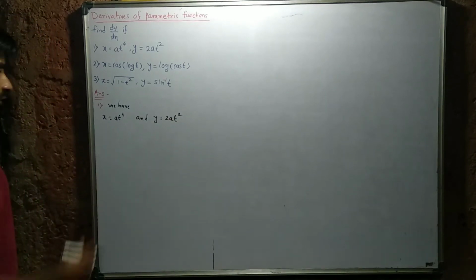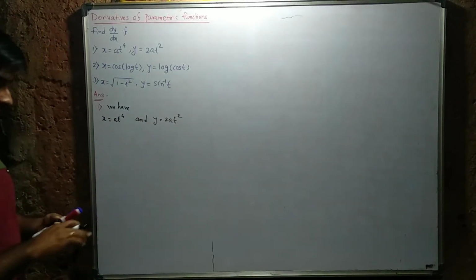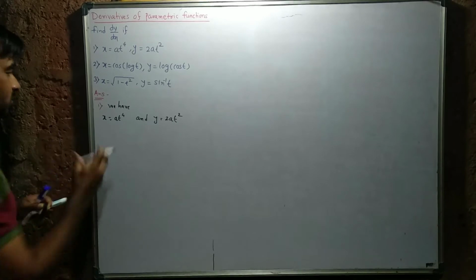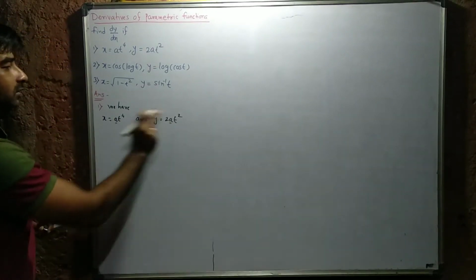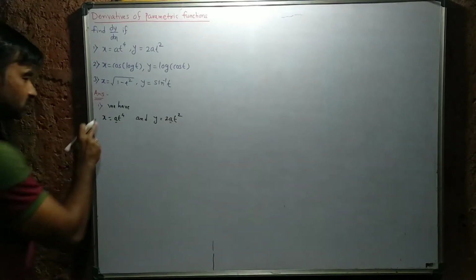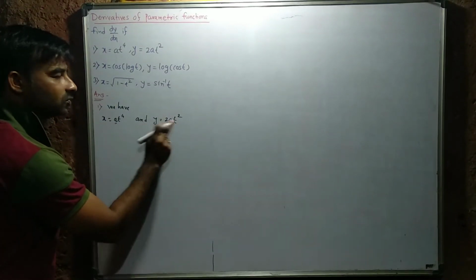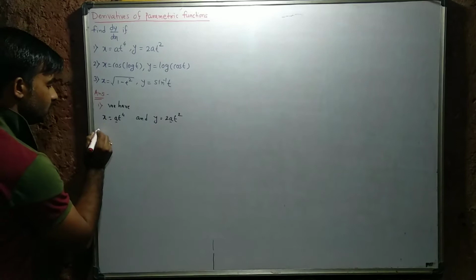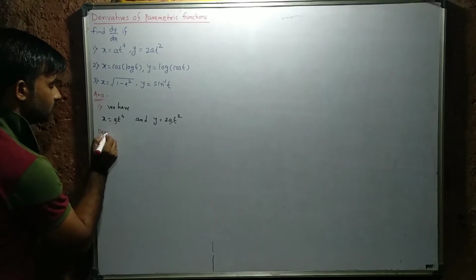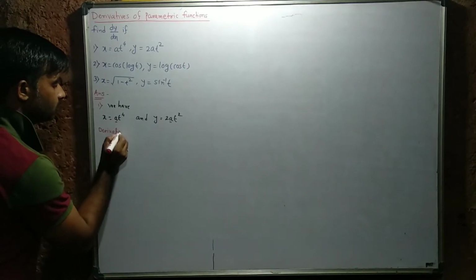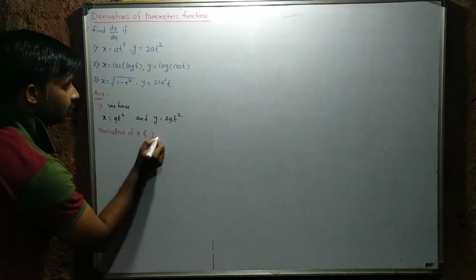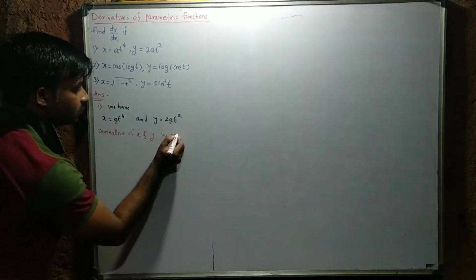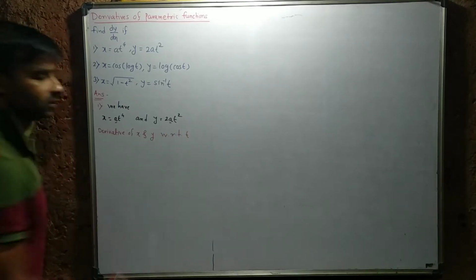That means here a is the constant, and therefore t is the parameter. That means x is a function of t and y is also a function of t, and therefore the derivative of x and y with respect to t is taken here.